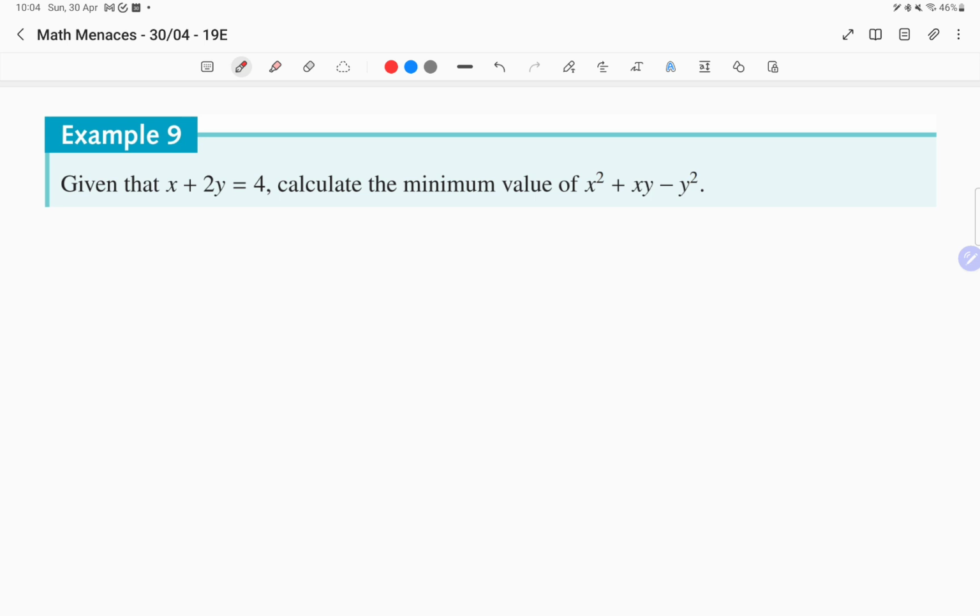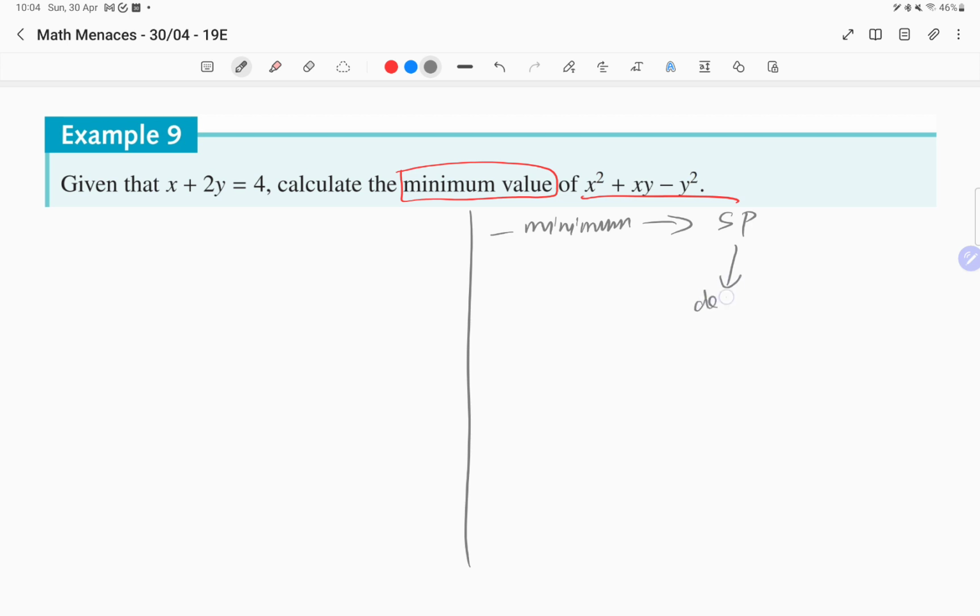So have a look at example 9. Given that x plus 2y equals 4, calculate the minimum value of this thing. So they want the minimum value of this thing. So remember, minimum, maximum, when you see that, you think stationary point. See minimum, you think stationary point or turning point. So when you see stationary point, you think derivative.